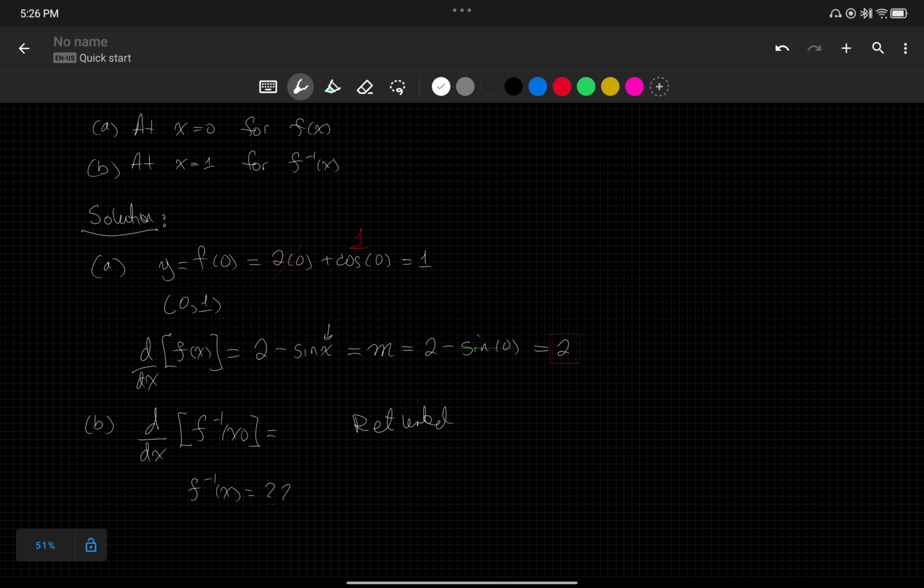This is not working out for me. Let's try it again. Reflected point is gonna be 1, 0. And at this reflected point, it's gonna have a reciprocal slope.